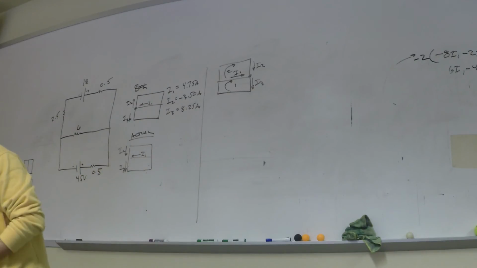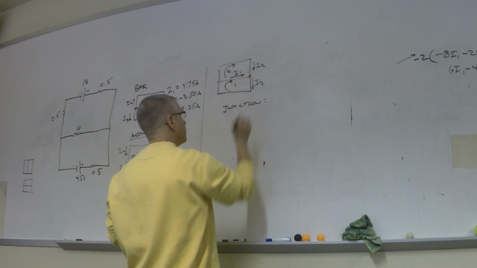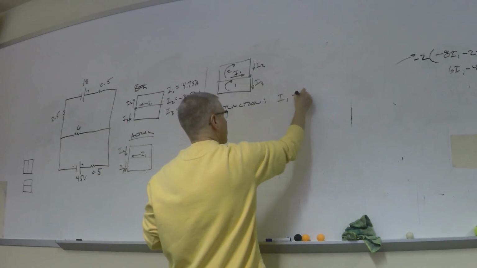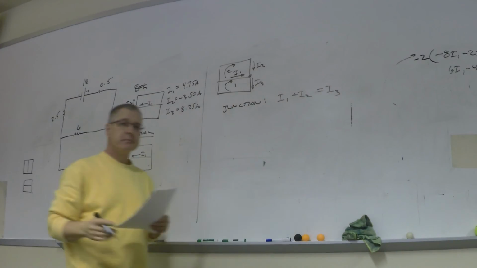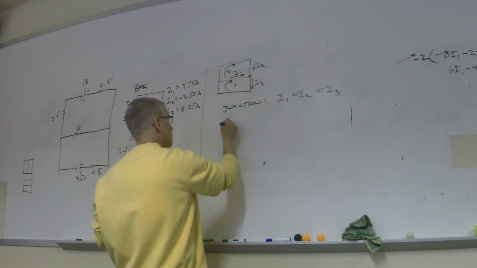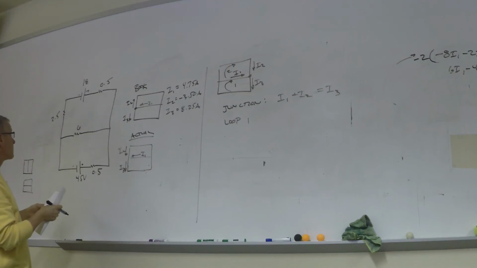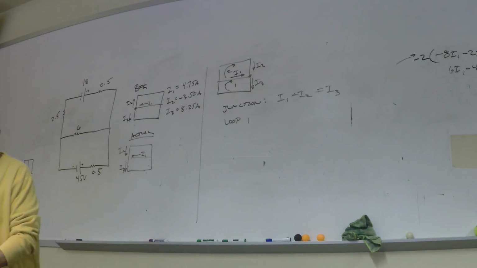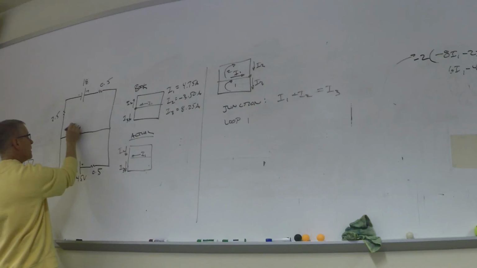So, our junction rule says, the way we set it up, I1 and I2 came in, I3 came out. There's our junction. Loop 1. I'm going to add some things here, just as a reminder of what we did.